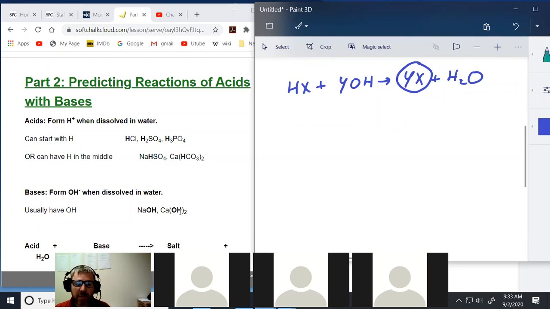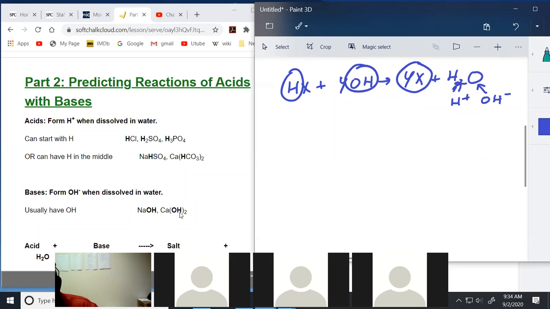Now, on any test I give you, I tell you it's an acid-base reaction, so you always know exactly how to treat it, and you are on the lookout for the H+ and the OH-, so you can join them together to form the water. So the water here is from the combination of the H+ and the OH-. Both of those together will form that water. And there's your H, there's your OH there.